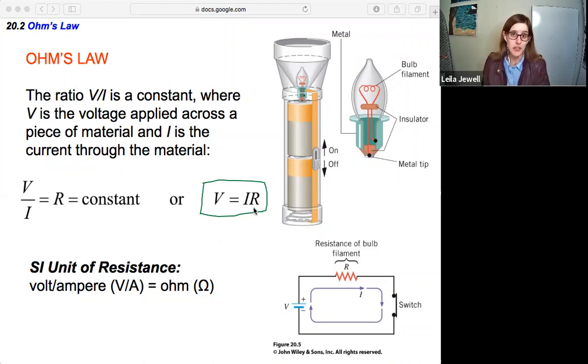And the SI unit for resistance we can get from the volt and the ampere. A volt divided by an ampere is defined as the ohm. The symbol for it is the upside down horseshoe, the capital Omega. So that is the unit of resistance. The symbol of resistance is somewhat similar to a filament, because one example of a resistor is a filament in a light bulb.